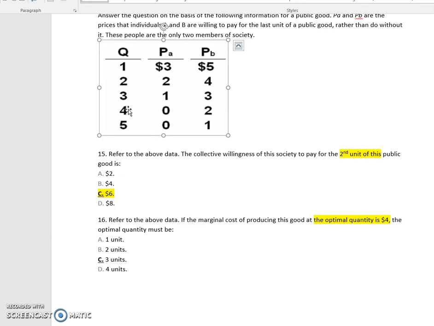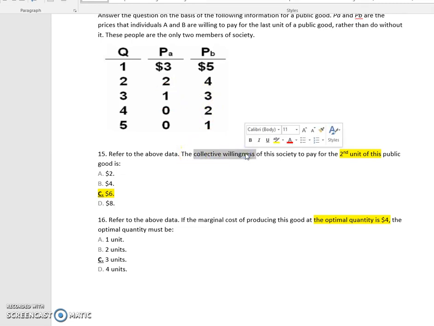Then the collective willingness to pay must be equal to or more than $4, more than the cost. That can happen with 1 plus 3, the collective willingness to pay by individual A and B for that 3rd unit of output. Therefore the correct answer must be 3 units of output.